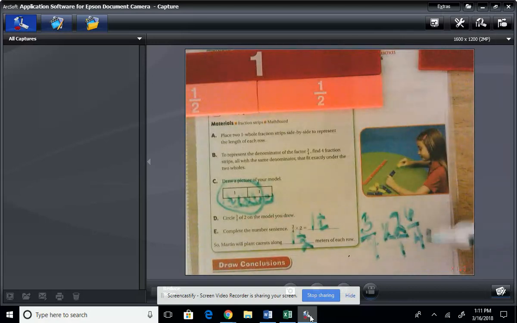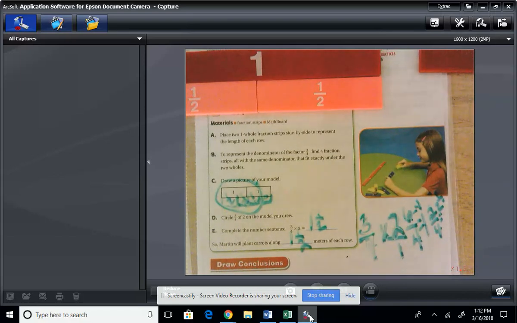Well, I know this is an improper fraction, so I can make it a mixed number. How many times does 4 go into 6? It goes into it 1 time. I put my minus 4 because that's what 4 over 4 is. And I have 2/4 left over. I know that this is not simplified yet, so I can divide them both by 2, and I get 1/2. It's 1 and 1/2.